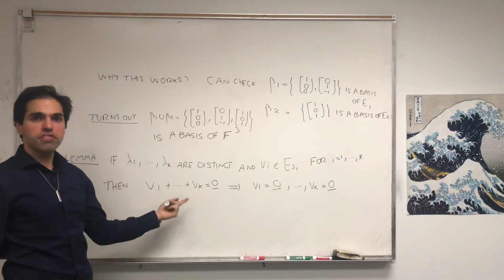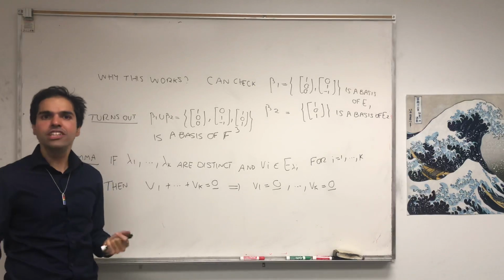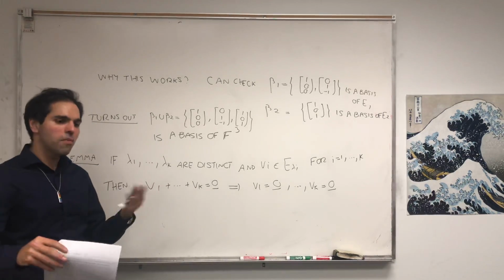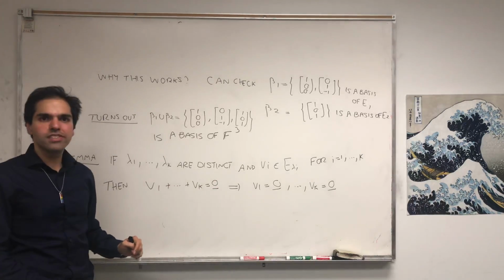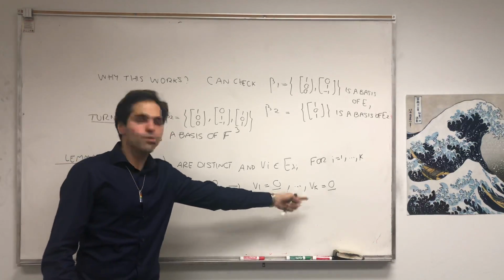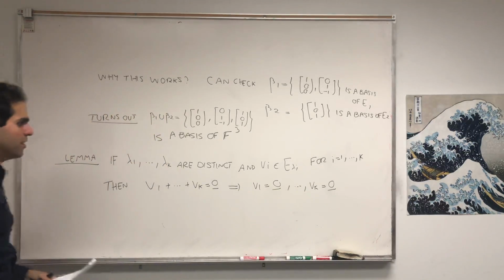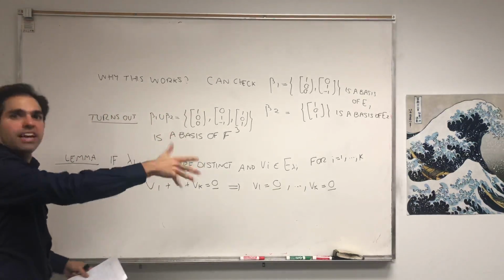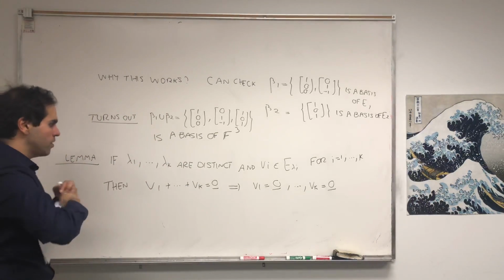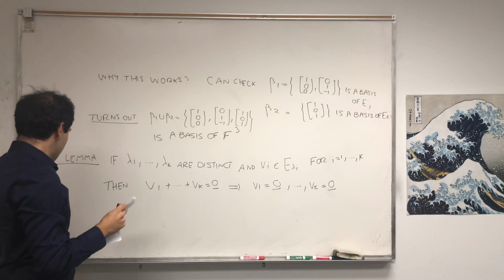But for now, just think of it as an analog of linear independence. Linear independence tells you if you have some combination that gives you the 0 vector, then it's a trivial combination. And it is true here, except here the combinations are vectors, not scalars. And why is that? The proof is very neat.